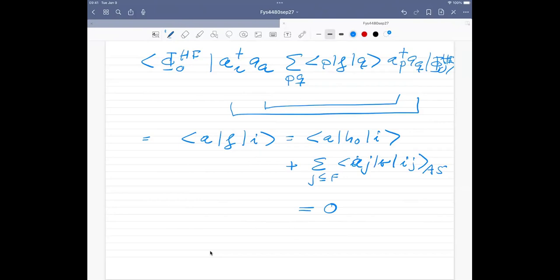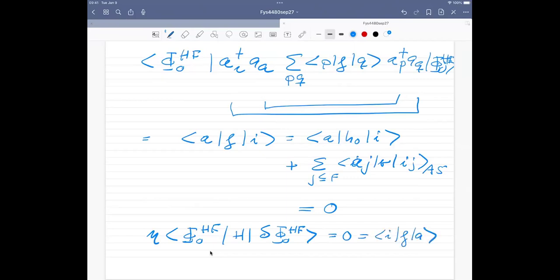Okay? You can do the other case. So if I take eta times phi 0 Hartree-Fock of H of delta phi 0 Hartree-Fock, if you do that one, and you put that one to 0, that is going to be the same as I of f of A equal to 0.